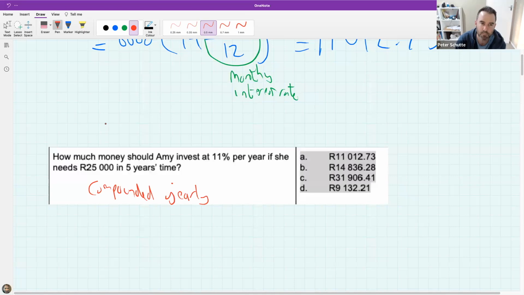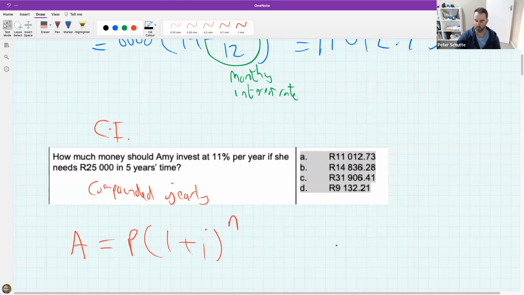And also, if they don't mention anything, you can assume compound interest. So what they're not asking for anymore is A. What are they asking for? That's the compound interest formula. What are they asking for in this question? Yeah, they're asking for the initial value P. So see if you can work out what that is.